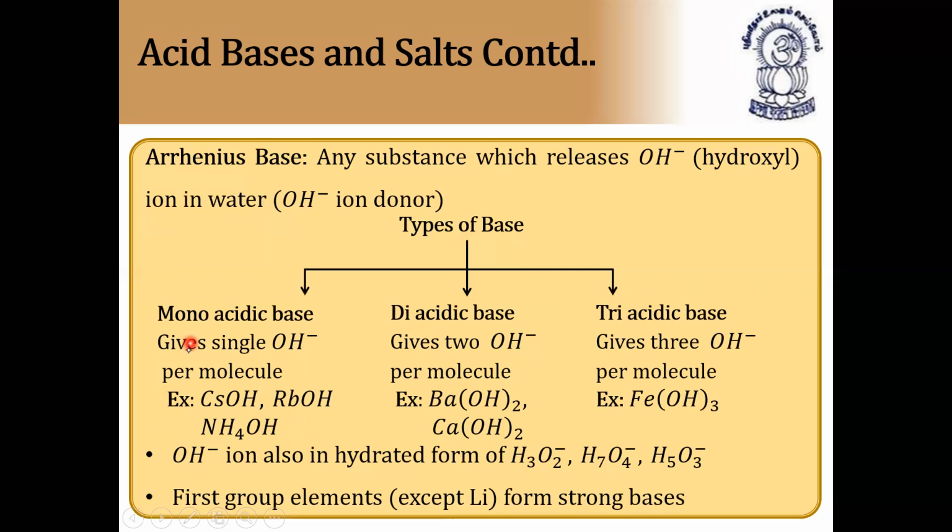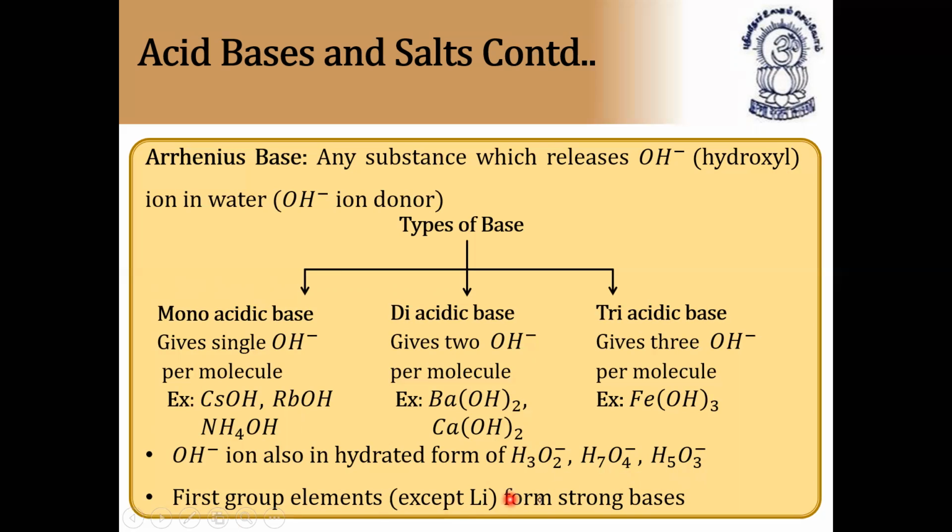Triacidic bases give 3 OH minus ions per molecule. Example: ferric hydroxide.